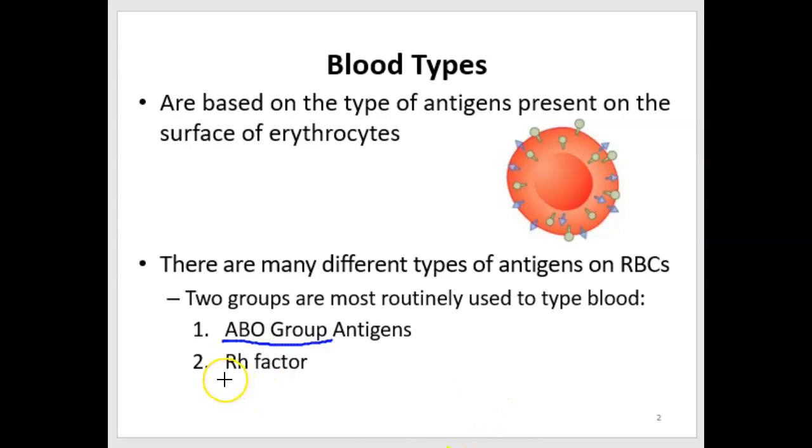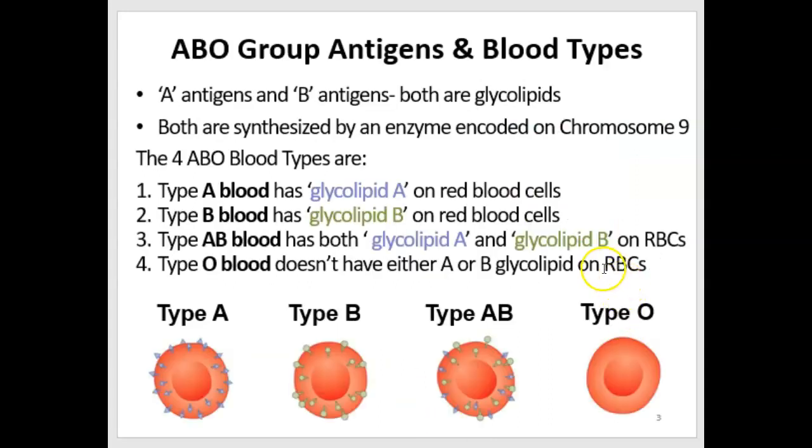Another group is called Rh factor. When we say positive or negative, we're referring to the presence or absence of Rh factor. When we say type A or B or O blood, that refers to the presence or absence of these ABO antigens. So we're going to look at the specific ones now.